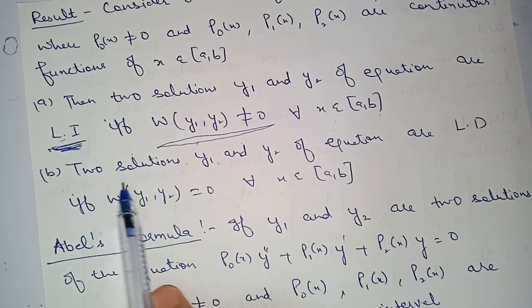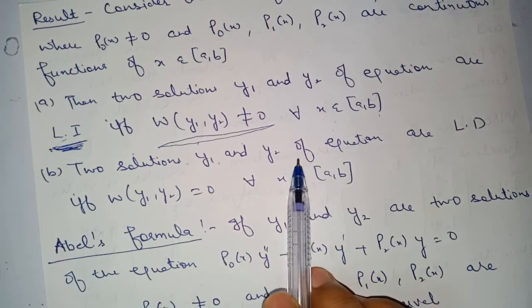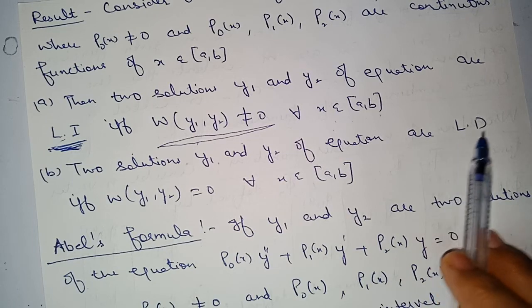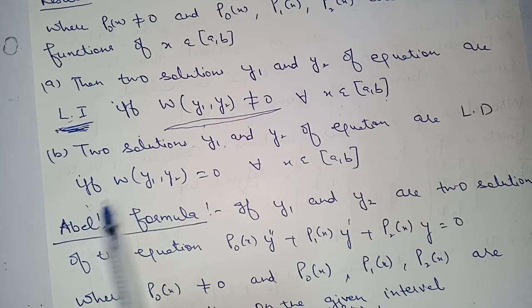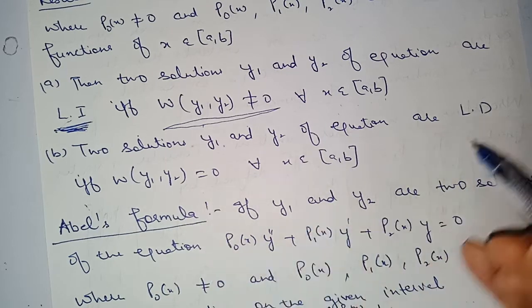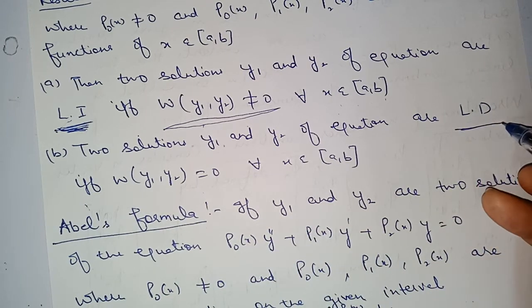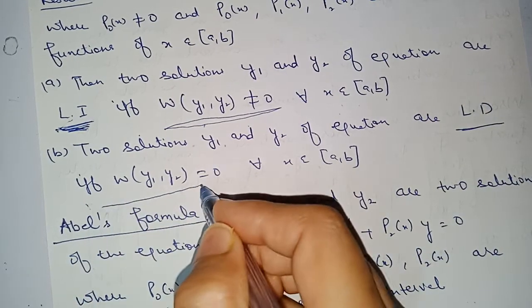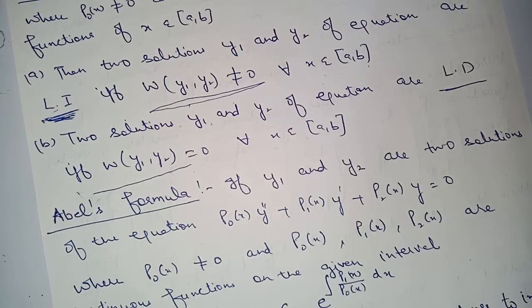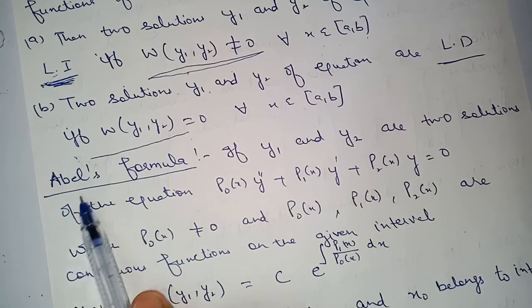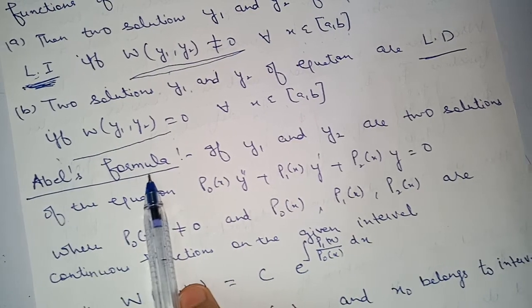Number 2, two solutions y1 and y2 of the equation are linearly dependent if and only if the Wronskian equals 0. So these are linearly dependent if it is equal to 0. Next, very important formula, Abel's formula.